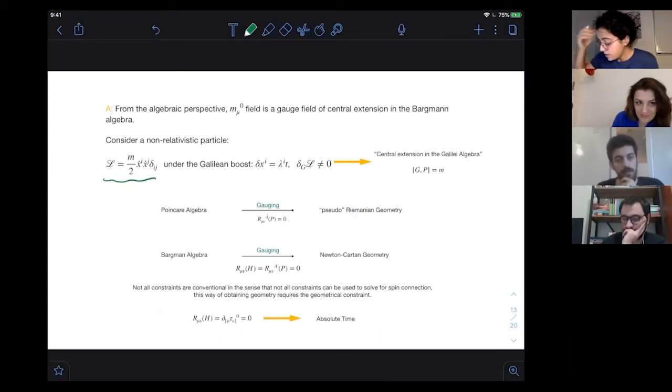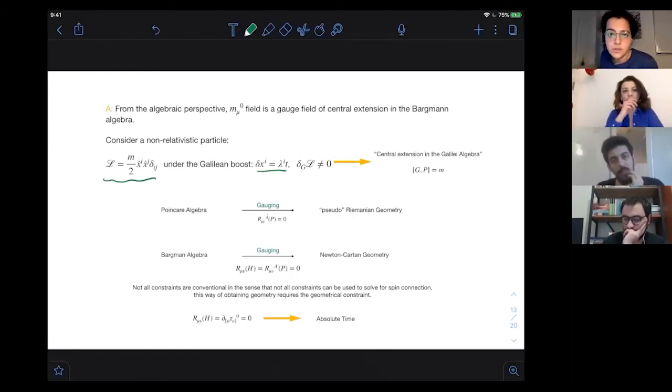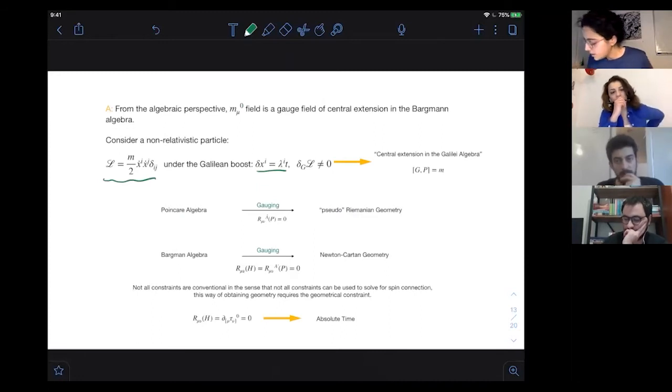Under a Galilei boost, if you just transform by this, you will see that the action is invariant, but the Lagrangian is not. The Lagrangian is invariant up to a total derivative. If you calculate the Poisson algebra, you will see that the commutation relation of boost and momentum is not 0. It's proportional to mass.